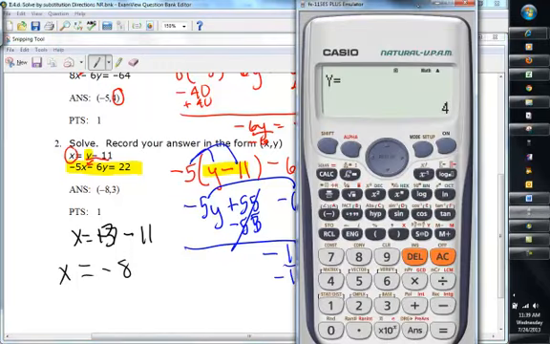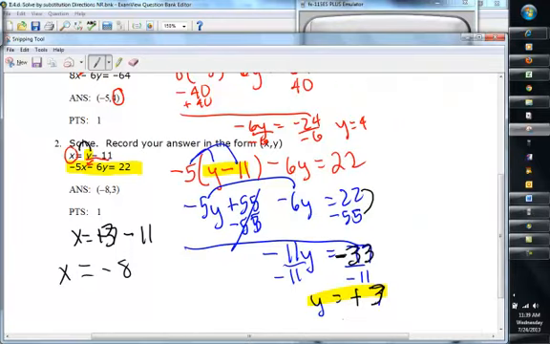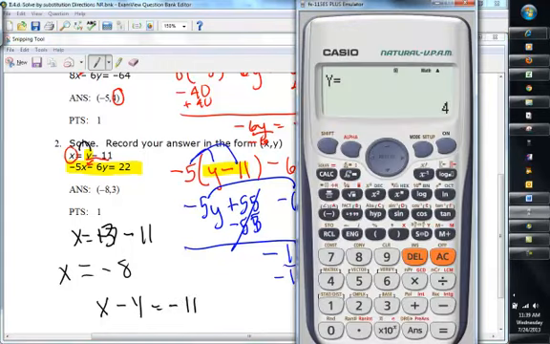On our calculator, we would have to first rewrite this equation so the y is on the other side. So that first equation would become x minus y equals negative 11, because the calculator only works if the x and the y are both on the same side.